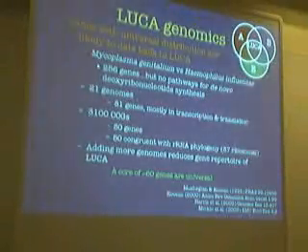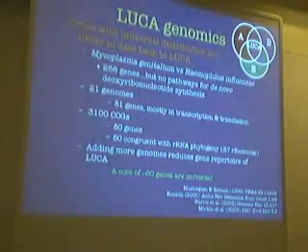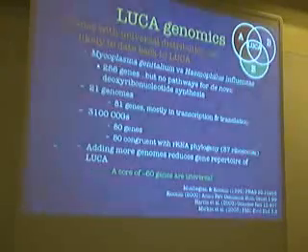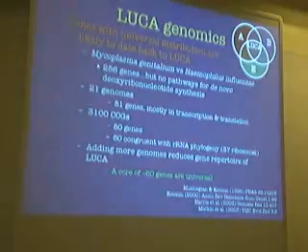At the same time as this was happening, we were starting to get whole genome sequences, and that meant people were able to compare those sequences and try and work out, okay, if we take these different genomes, a collection of genes from a particular species, so this was a couple of the first two bacteria that were published, and you say, well, which genes do they have in common? How many genes are in common?